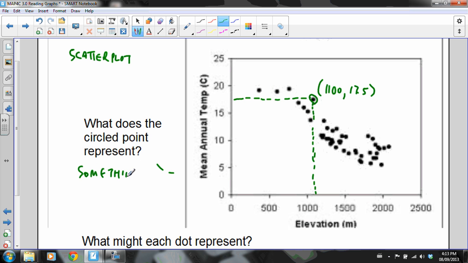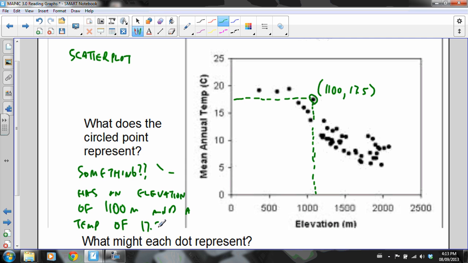Something has an elevation of 1100 meters and a mean annual temperature of 17.5 degrees Celsius.